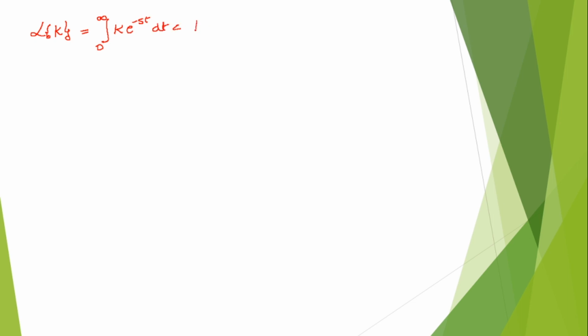That means k is constant, 0 to infinity e to the power minus st dt, and integration of e to the power minus st dt in the interval 0 to infinity is 1 by s. So it is k by s. So Laplace transform of k is k by s. Okay.